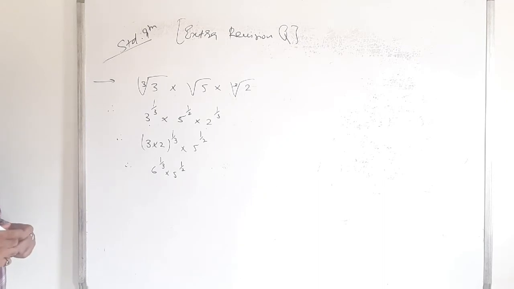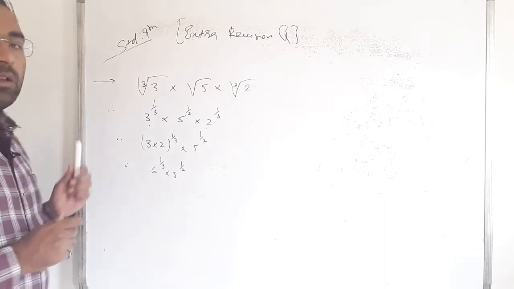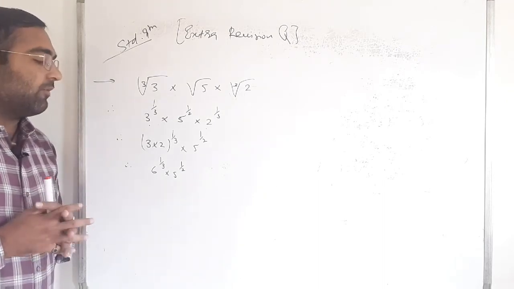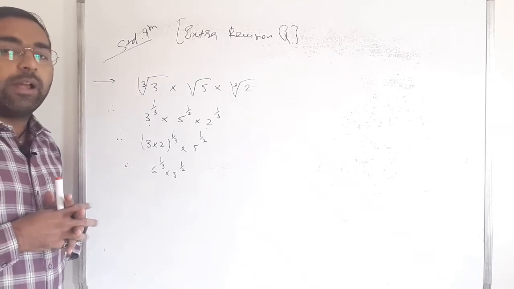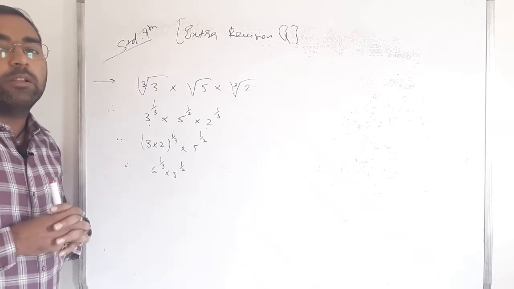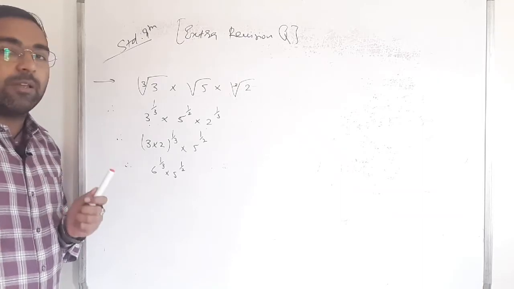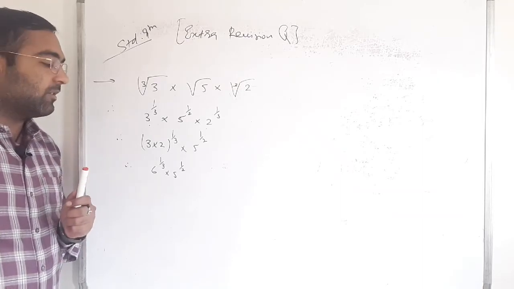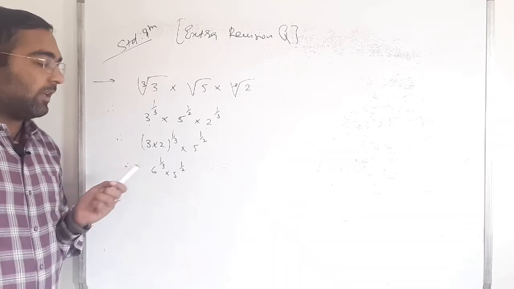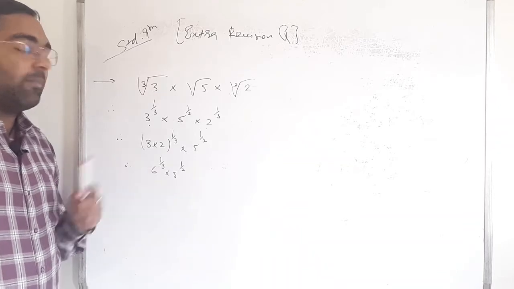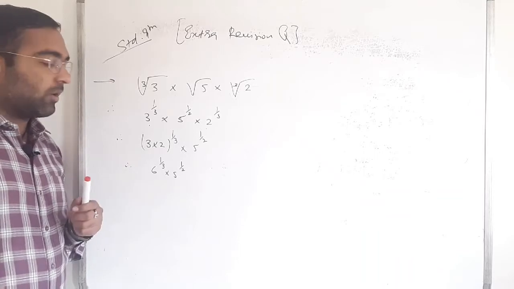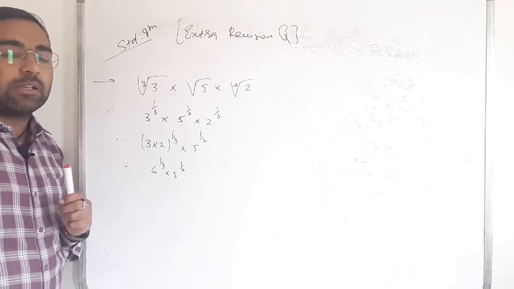Now we want either the same power or the same base, so we take the LCM of 3 and 2, that is 6.